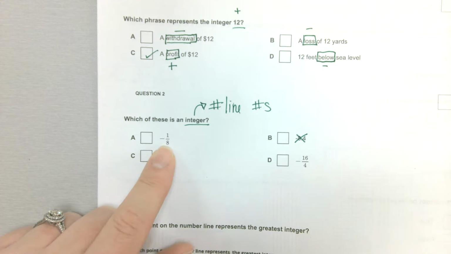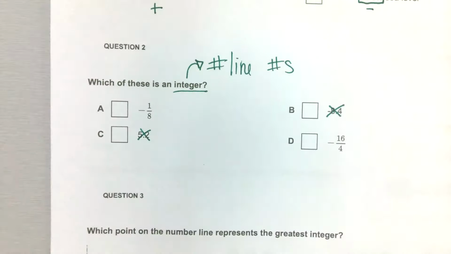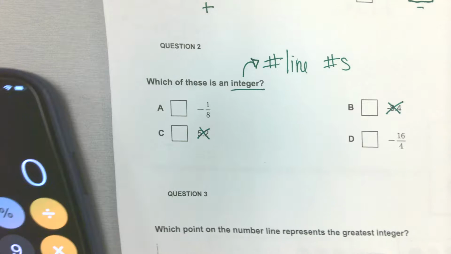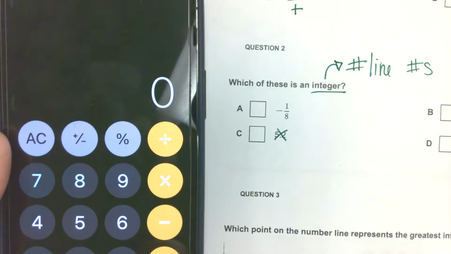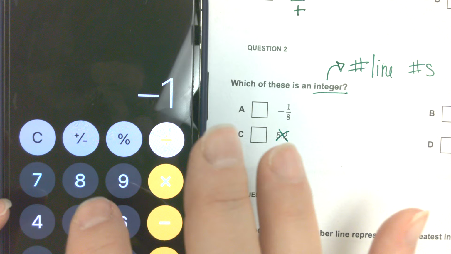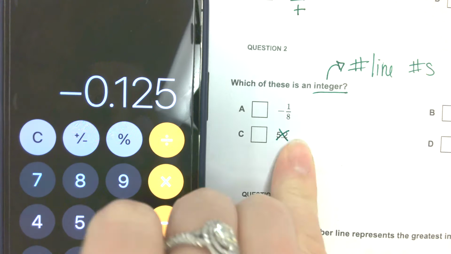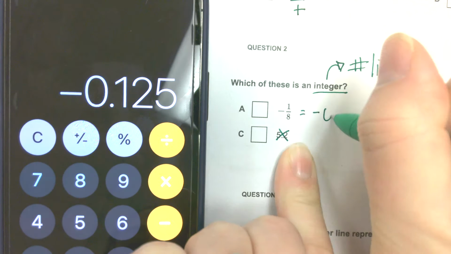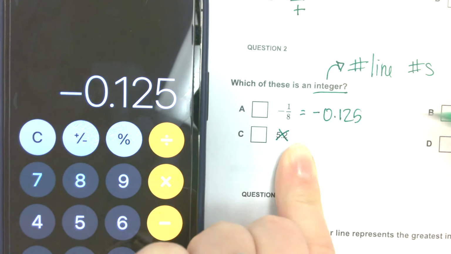Our fractions get a little trickier. Some fractions can be simplified. So if we take a look at our calculator, it can help us decide if it's an integer or not. In my calculator, if I type negative 1 divided by 8 for negative 1/8, that's equal to negative 0.125.